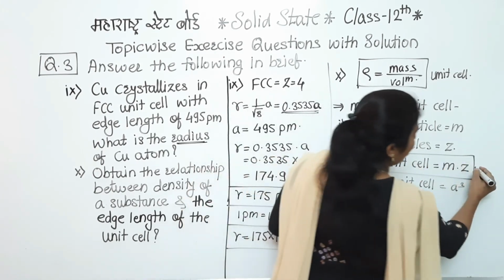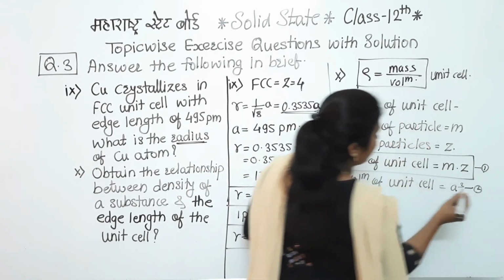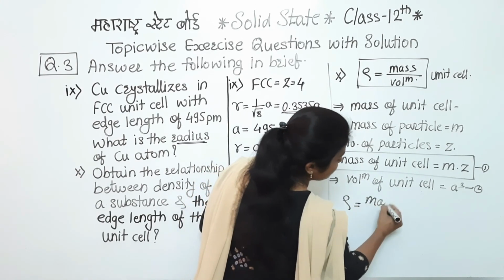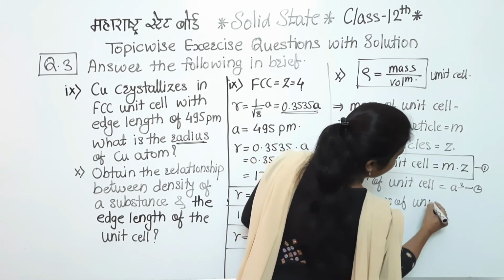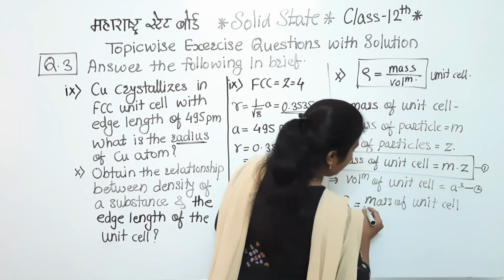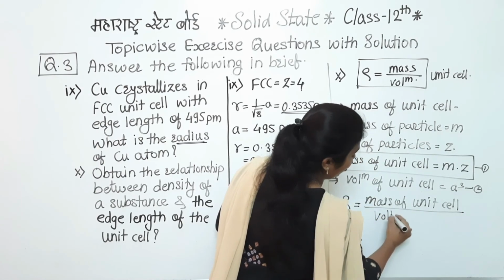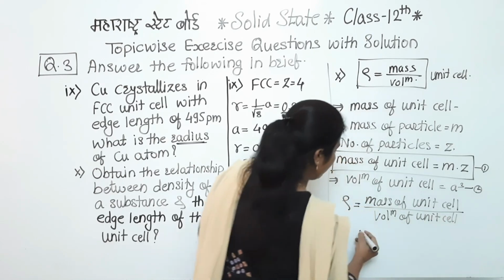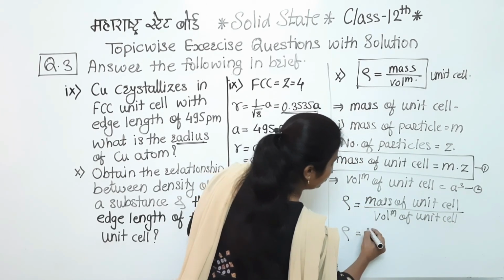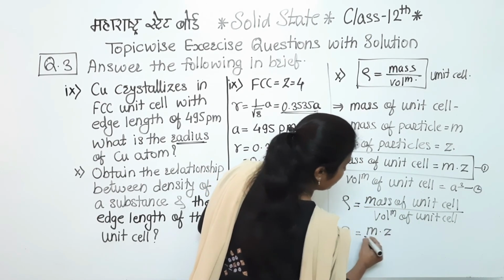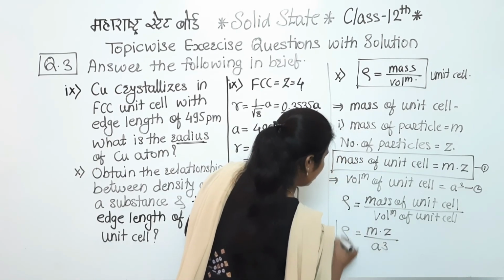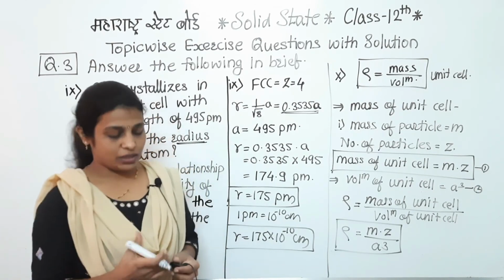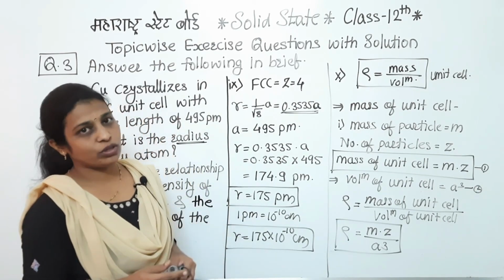Now simply we have to take this equation, and finally density of the unit cell is equal to mass of unit cell divided by volume of unit cell. In this way, if we put all these values, rho is equal to m into z divided by a cubed. So this is the relation between the density and the edge length of the unit cell. So here we have completed these two questions also.